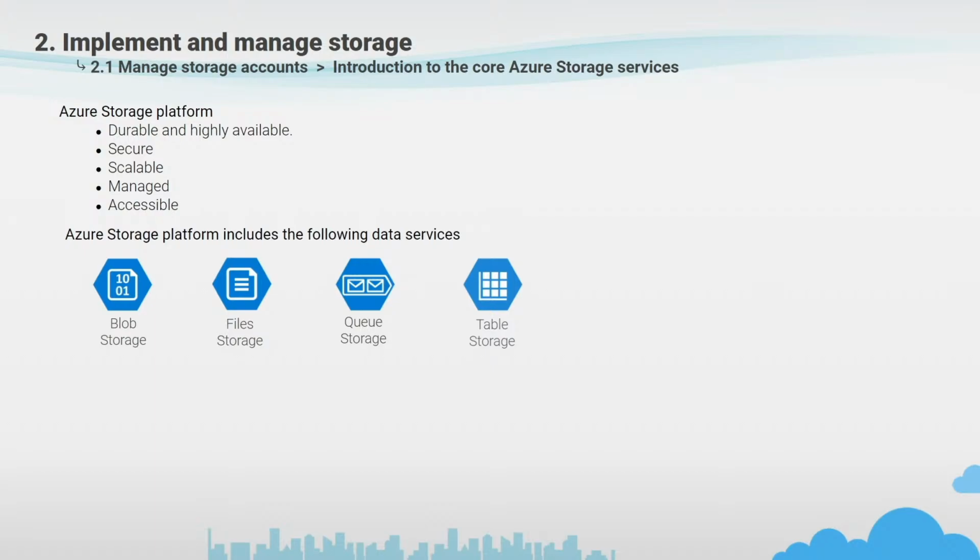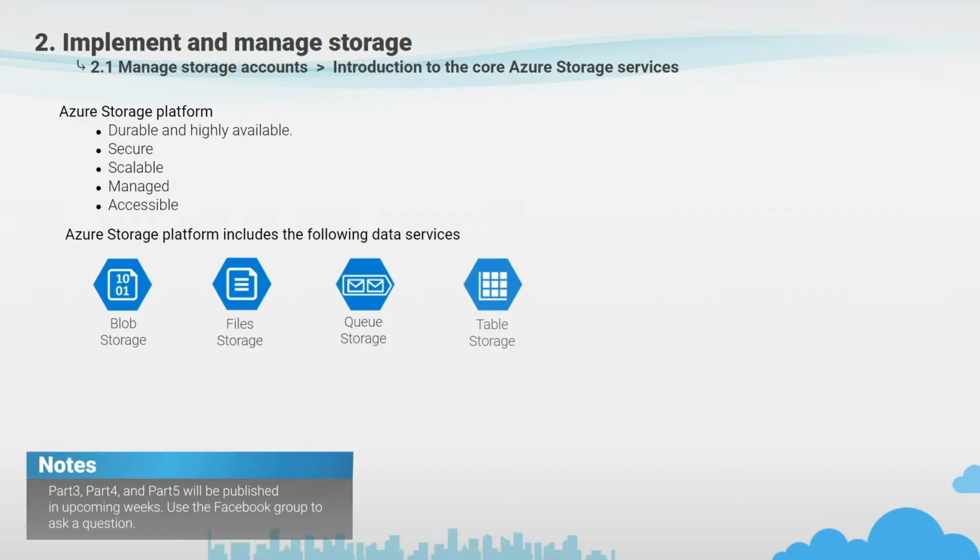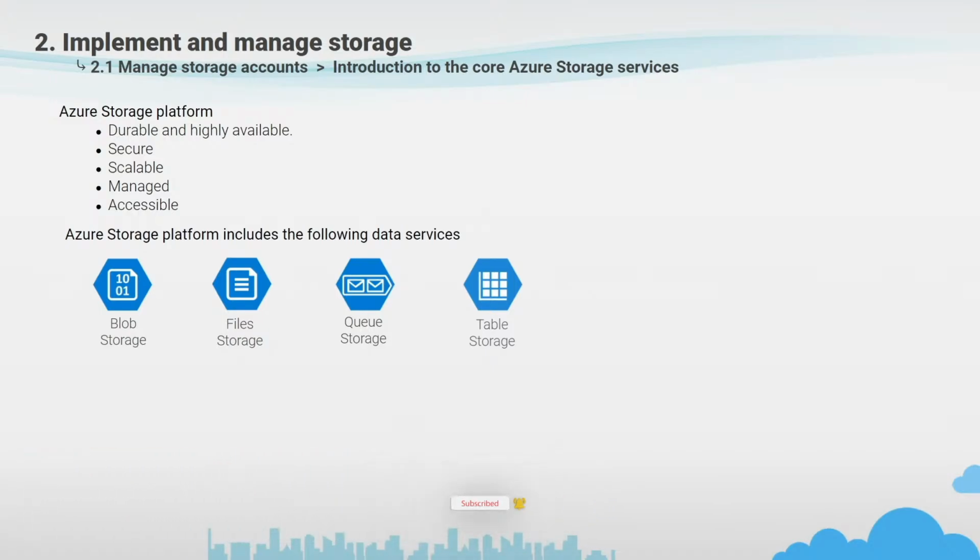Azure Files offers fully managed cloud file shares that you can access from anywhere via SMB protocol, and it is capable of replacing file servers in your infrastructure, but we will discuss this later. Azure Queues, a messaging store for reliable messaging between application components. And the last one, Azure Tables, that allows you to store structured NoSQL data in the cloud. So let's talk about each storage service in particular.